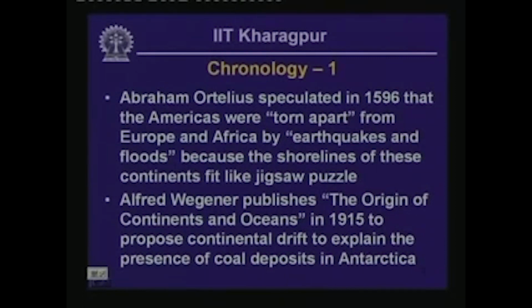As we have seen, if you consider the present day climate of Antarctica, no way could coal deposits of such great abundance develop in such an icy expanse as Antarctica.